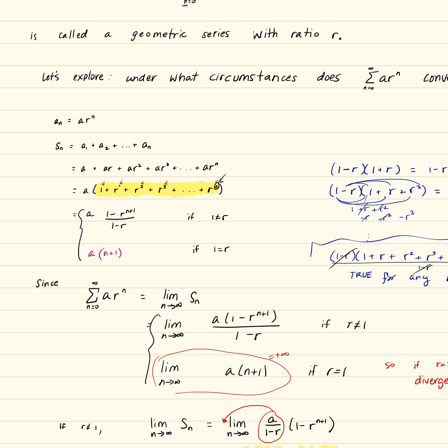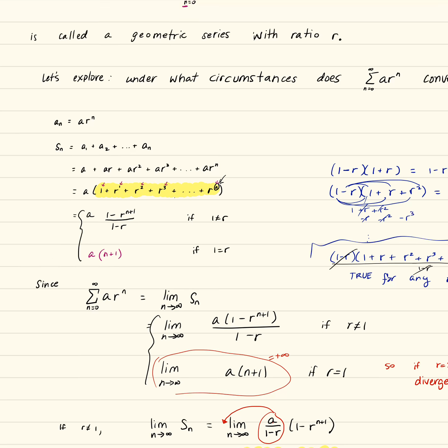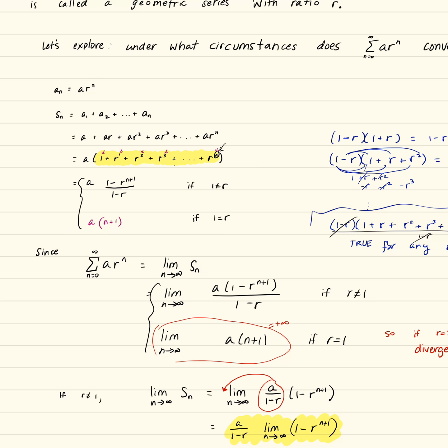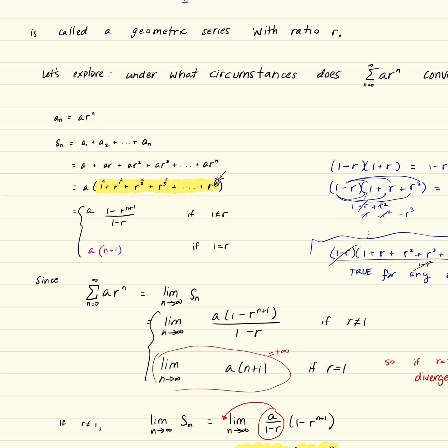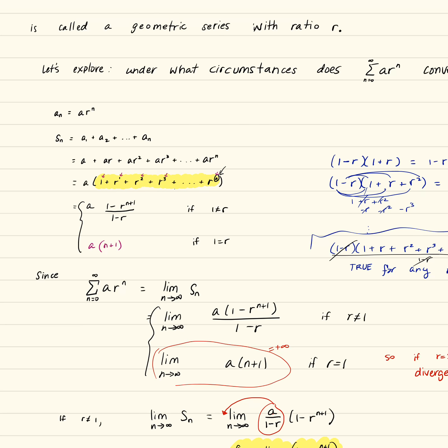Now, we actually have a formula to simplify this. So let's look over here. Do you remember how 1 plus r times 1 minus r is 1 minus r squared, right? Difference of squares. And then if we had 1 minus r times 1 plus r plus r squared, that's actually going to give us 1 minus r cubed.